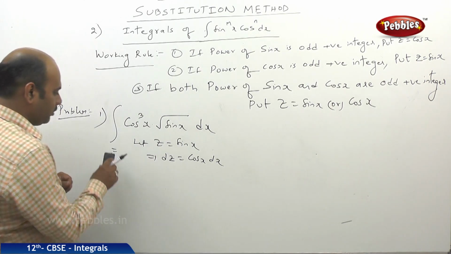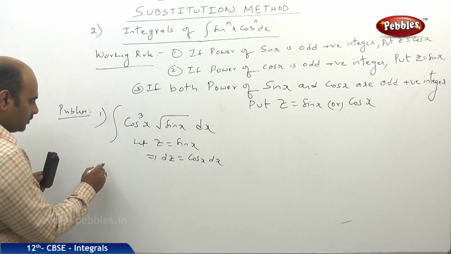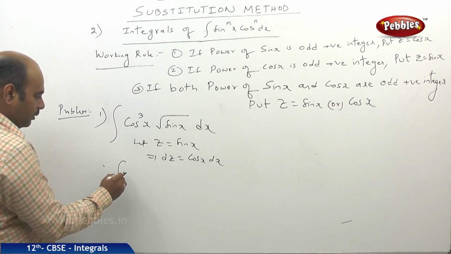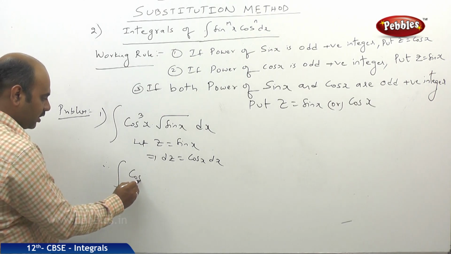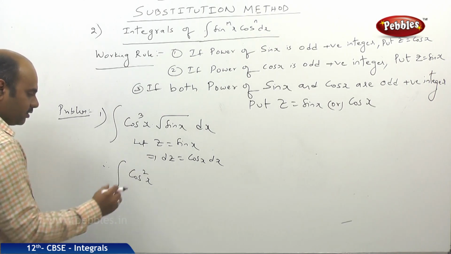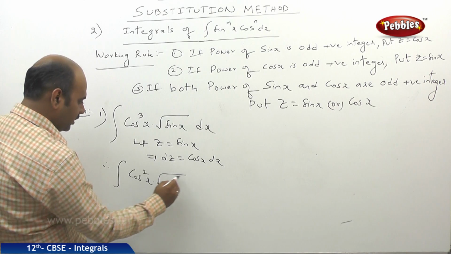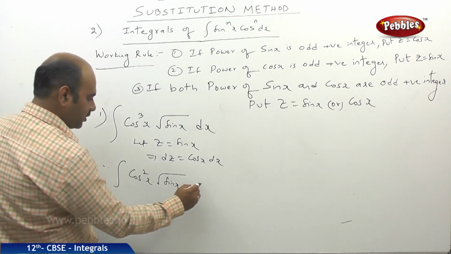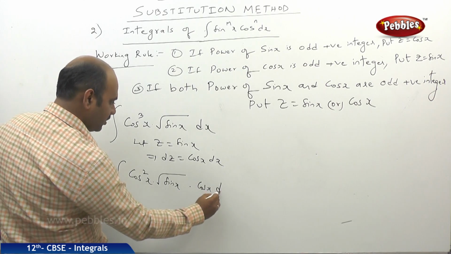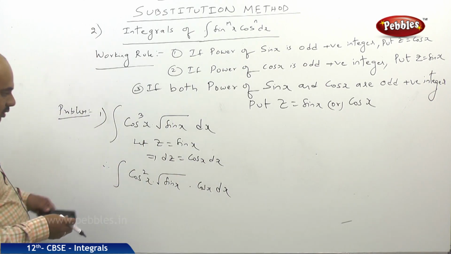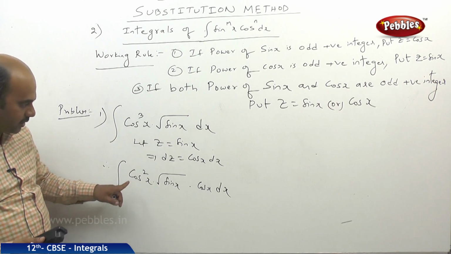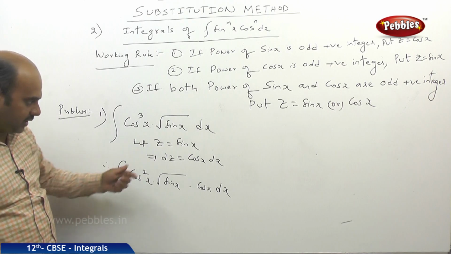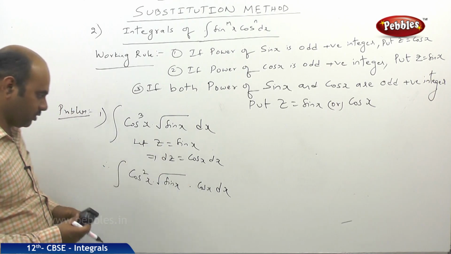Here I will write the integral, cos cube x as cos square x into under root of sin x, and the remaining cos x dx. Very beautifully we have written cos cube x as cos square x into cos x, and root of sin x. Now I think I can use this substitution.